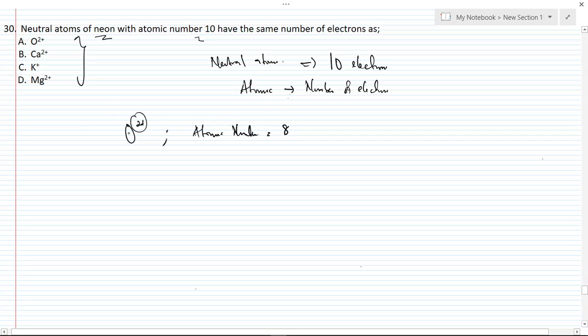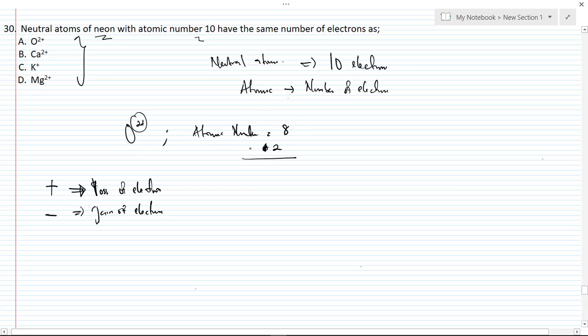Due to the charge here, it's an ion, and the plus specifically represents loss of electrons. In chemistry, the plus signifies loss of electrons and minus signifies gain of electrons. So since we have 2+ here, it lost 2 electrons.